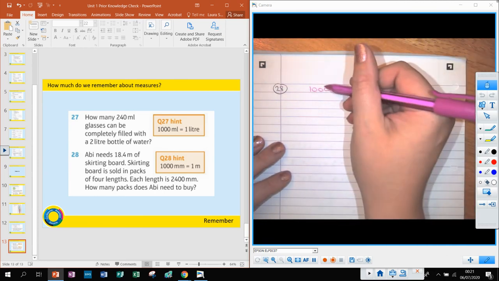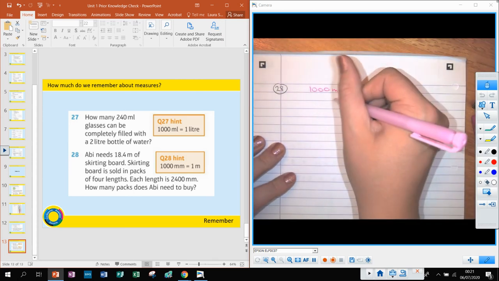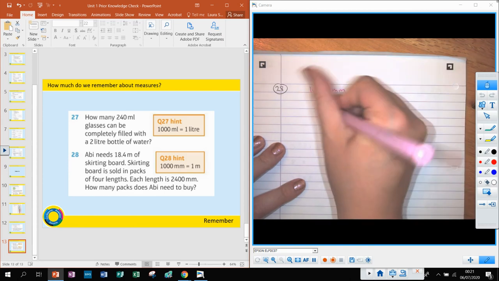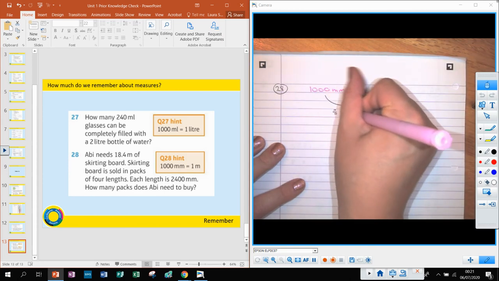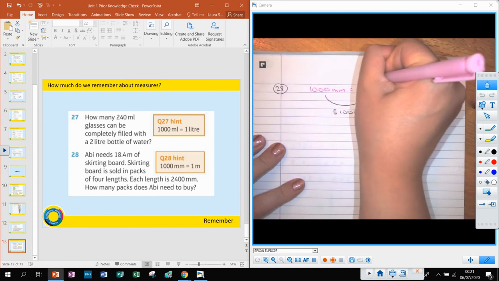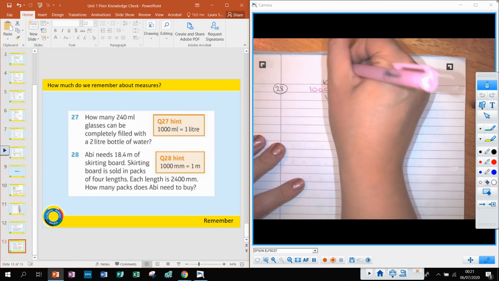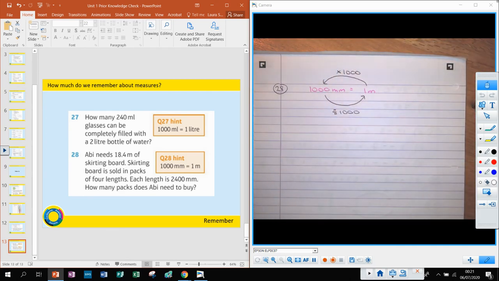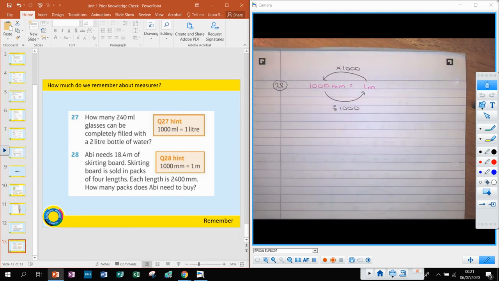Right, so if we're using this conversion, if we're going from millimeters to meters, we would divide by 1,000 because the number is getting smaller. And if we were to go from meters to millimeters, we would times by 1,000. Hopefully that makes sense. Right, so let's read the question.